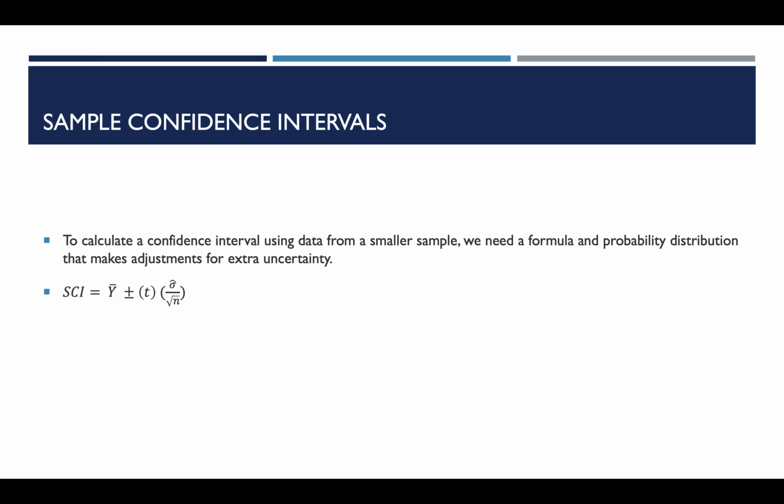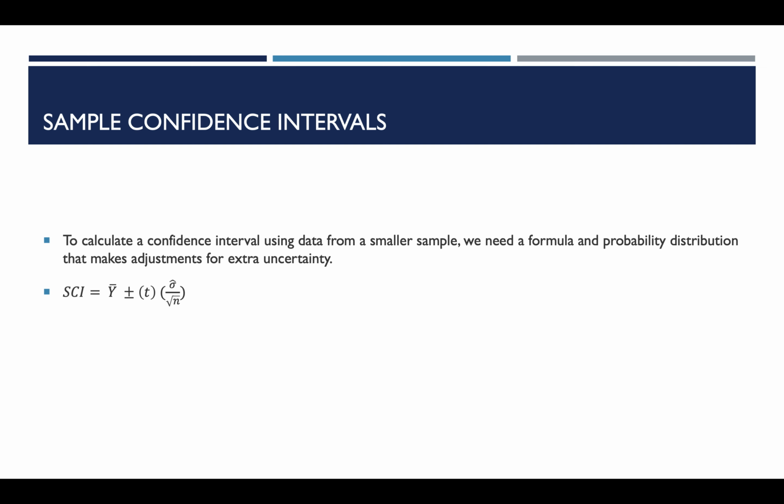What I've got here on the screen is the equation for calculating a sample confidence interval. And you'll notice that it looks remarkably similar to the one that we looked at in lesson 1, or the one that you used to calculate a 95% confidence interval in lab assignment 3. The notation's just changed a little bit.